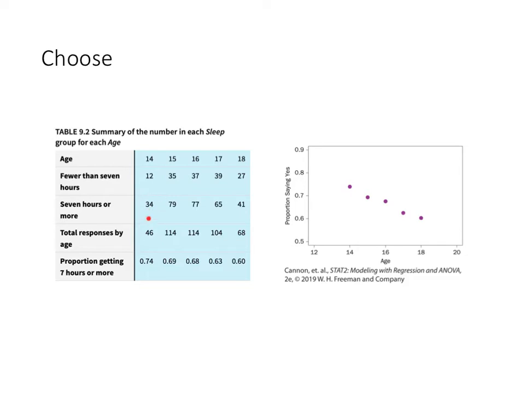So 34 out of the 46 14-year-olds, or 74%, slept more than 7 hours. Likewise for the 15, 16, 17, and 18-year-olds. Okay, so here's a graph that shows the age data according to proportions. That's a scatter plot which shows this.